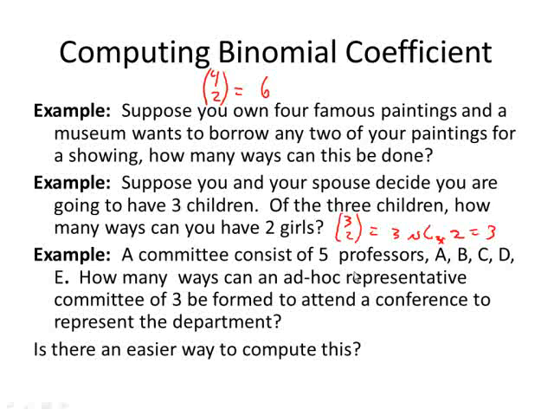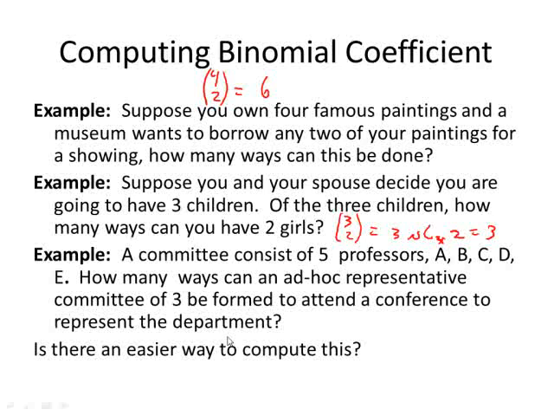A committee consists of 5 professors, A, B, C, D, E. How many ways can an ad hoc representative committee of 3 be formed to attend the conference to represent the department? So this is the thought process. How many professors are there? 5.